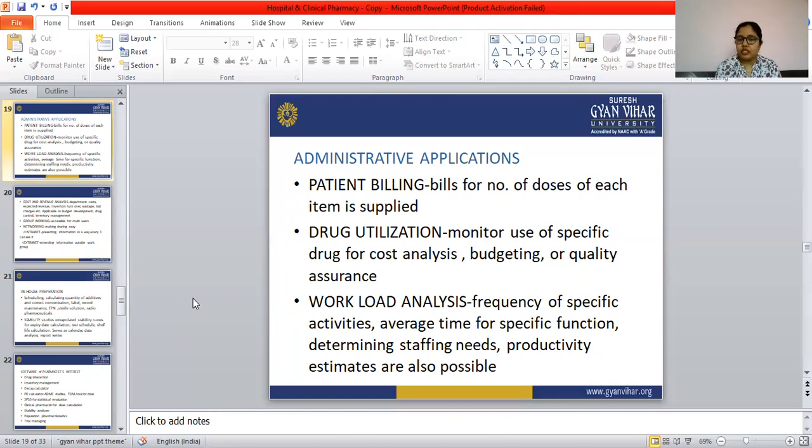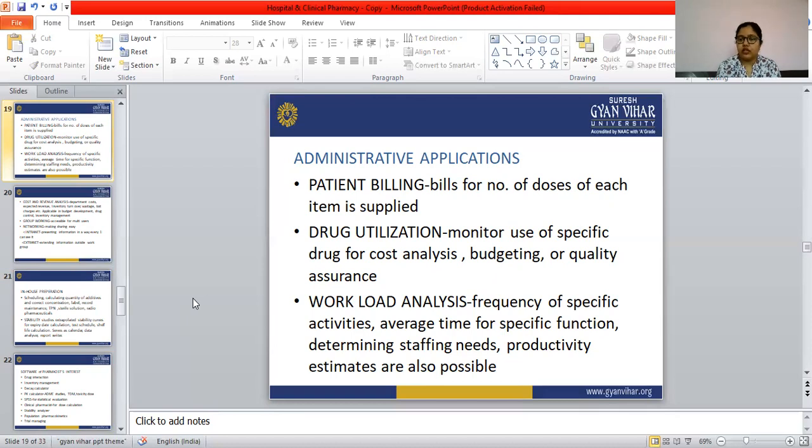The frequency of specific activities, average time for specific functions, determining staff needs, and productivity estimates are possible with the help of the computer. Okay, so we can do the analysis of the workload with the help of the computer.